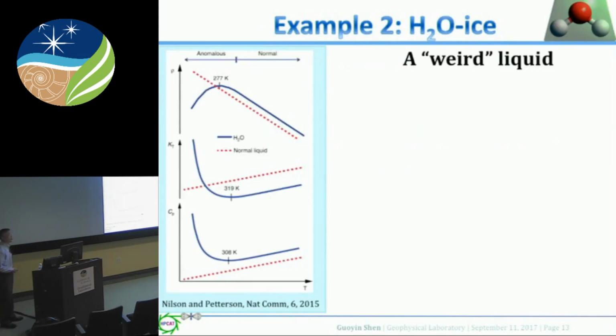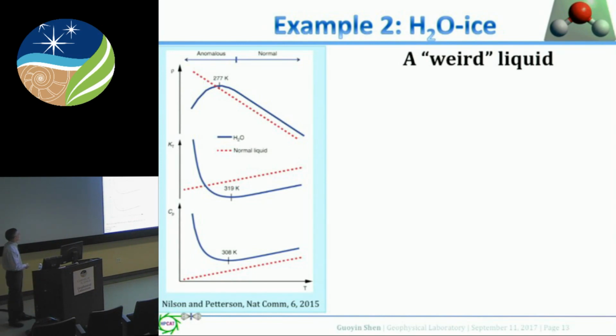The second example is H₂O. H₂O is, of course, a very common liquid. But it is actually a very weird liquid, displaying a number of anomalous properties. A few examples are density, compressibility, and heat capacity.